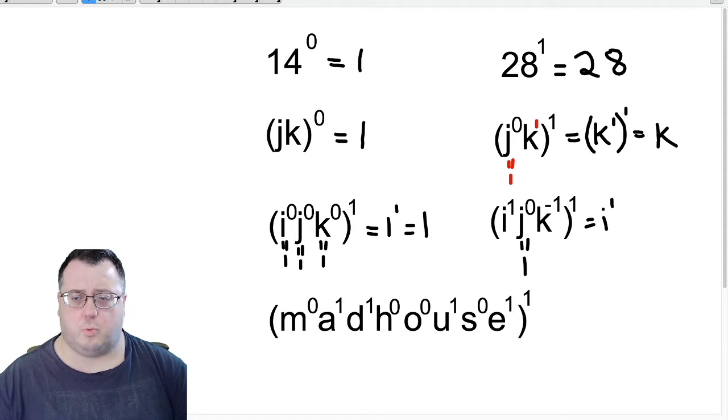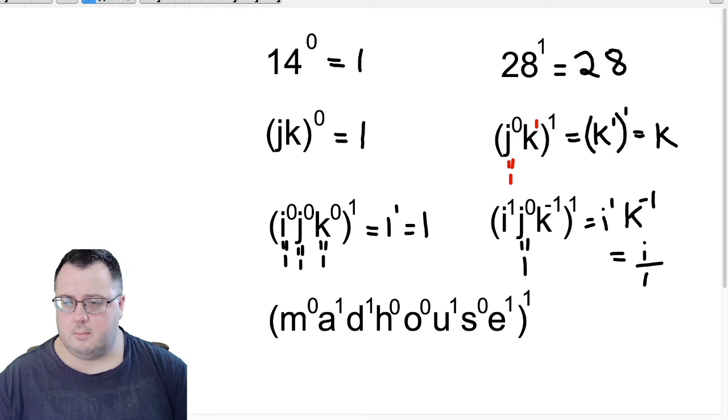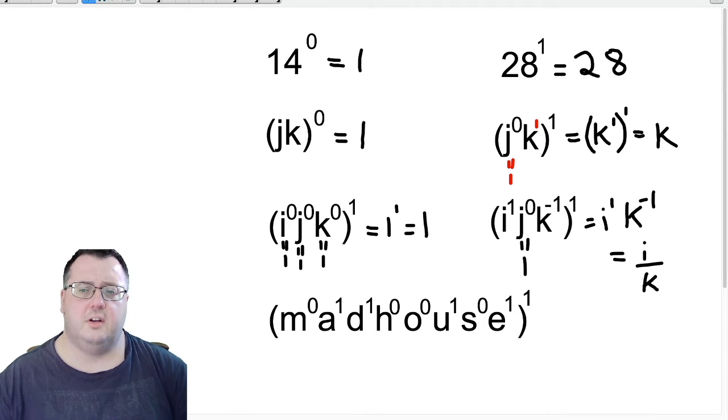J is just 1, so it will disappear. K to the minus 1 to the 1 will give me k to the minus 1. And that will be written as I over k. Because if you remember from the last slide, anything to the negative 1 is a reciprocal. And we'll get I over k as our answer here.